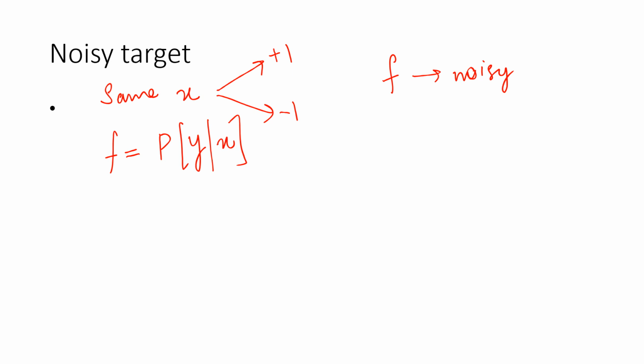Now, because the noise is both in sample and out of sample, the theory will still follow, although my E in might not be as close to 0 as I would like, and E out will also deviate more. That's the issue with the noisy target. But the theory applies, and this is what the noisy target looks like. I'm including that distribution that includes the noise, so I'm getting the data from the distribution that has that noise. That's what a noisy target function means.